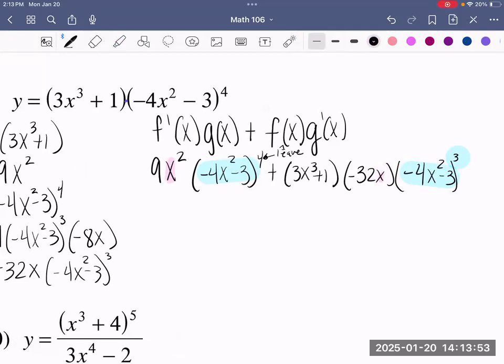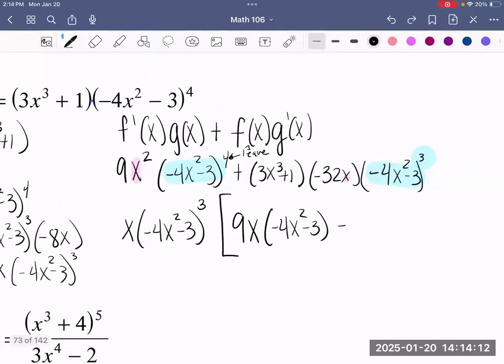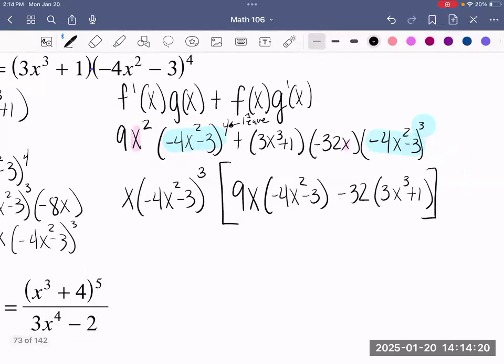So let's take out the x, negative 4x squared minus 3, and there are going to be 3 of those. Leaving behind in that first term is a 9x, and then negative 4x squared minus 3, we'll leave behind one of those, minus a 32, 3x cubed plus 1. Again, we can start to simplify if needed.